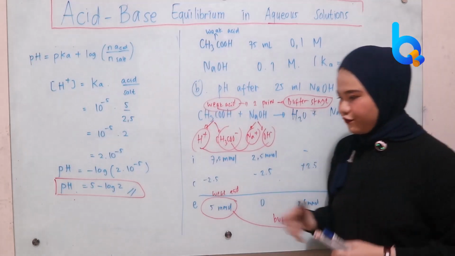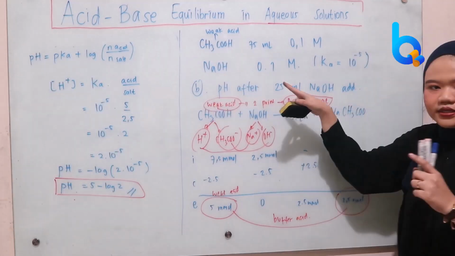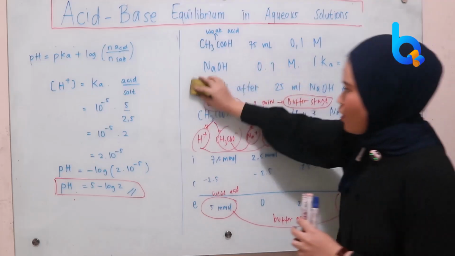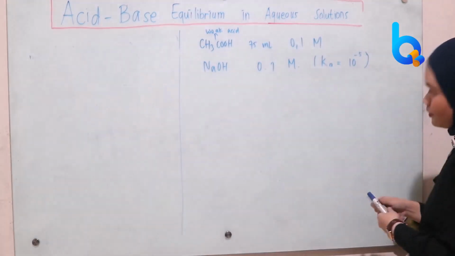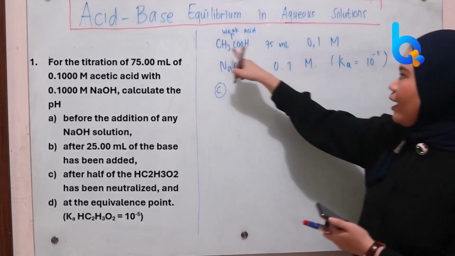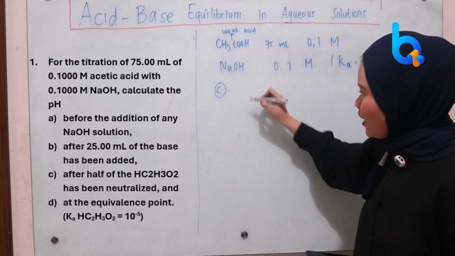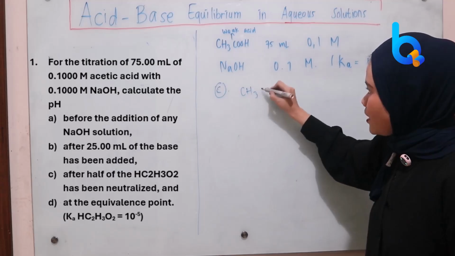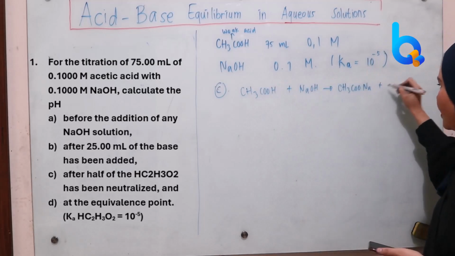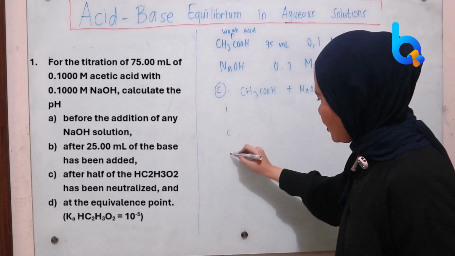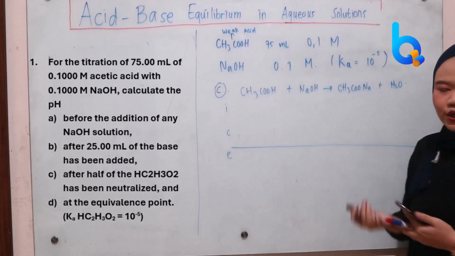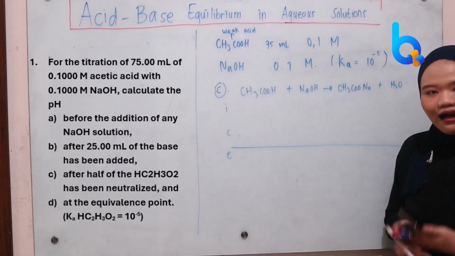After half of the acetic acid has been neutralized, we move forward to the C. So in C, after half of CH3COOH, we can write the balanced equation CH3COOH plus NaOH to CH3COONa plus H2O. Okay, initial, change, equilibrium, and then we can calculate the pH after half of this.